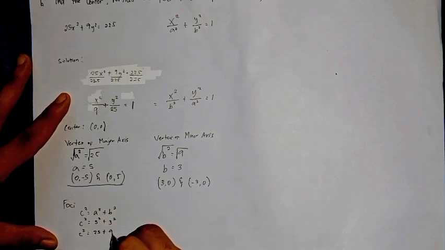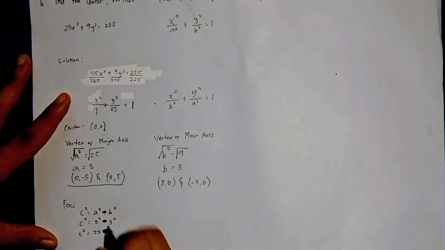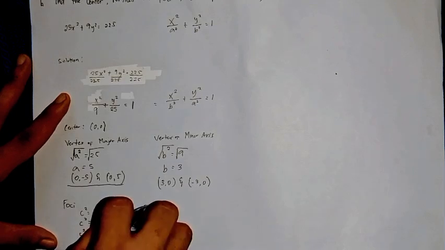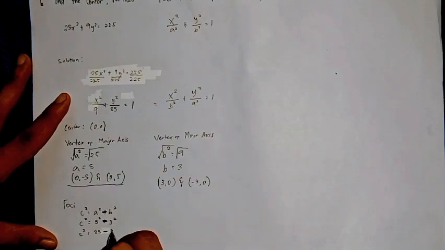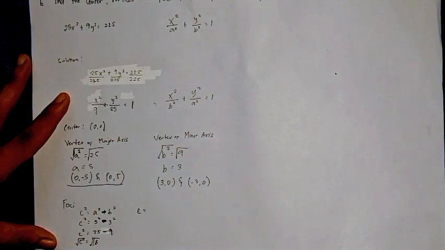I know, the formula that we're going to use is not plus, it's minus. Sorry. So c squared, 25 minus 9, we have 16. So take the square root of 16 to find c. So c is equal to 4.